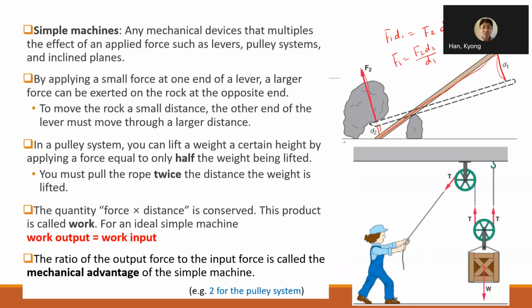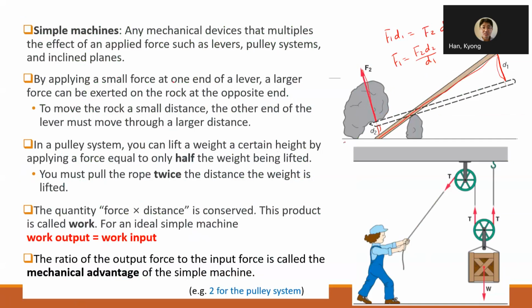In this case, D1 is big. If D1 is increased, then F1 will decrease. In this case, we can take advantage in force. We cannot take advantage in work, but we can take advantage in force. We just apply a small force, and we can get a big force.